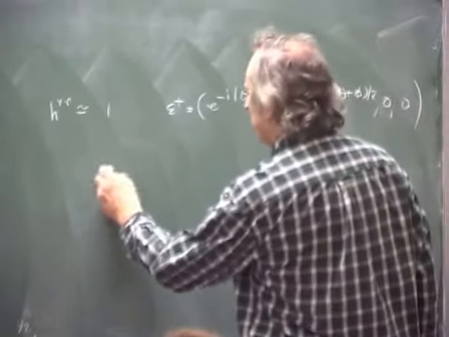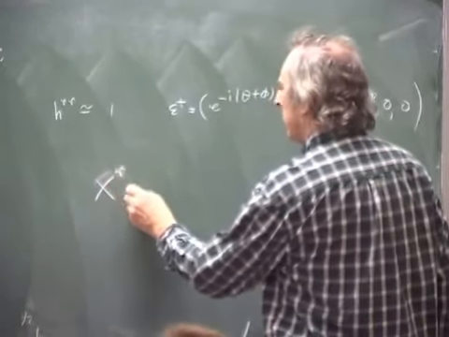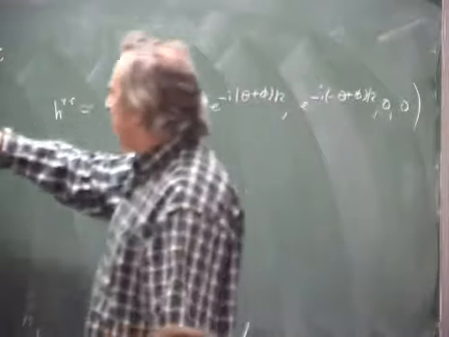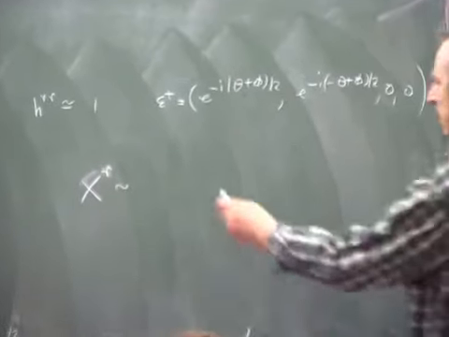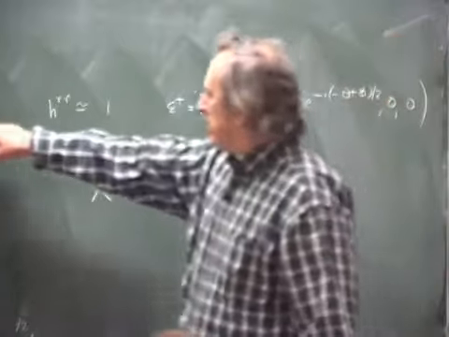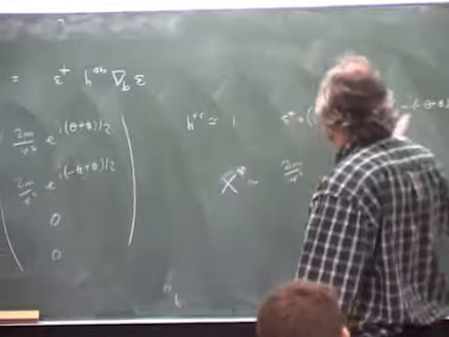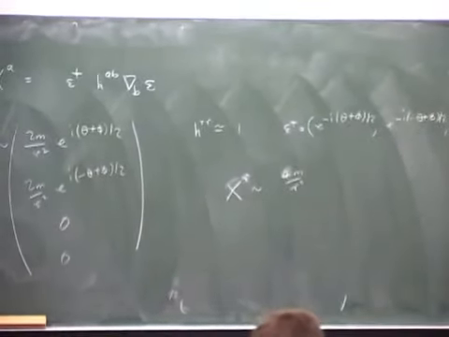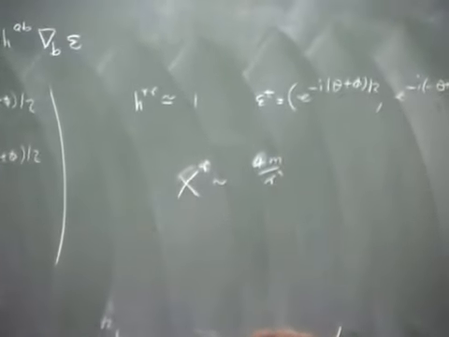And so this vector XA has an R component which looks something like this times this. Well, that's going to be a 1, and you'll get 2m over r squared from that term, and another 2m over r squared from that term and that term. So the total is 4m over r squared. So that's xr.